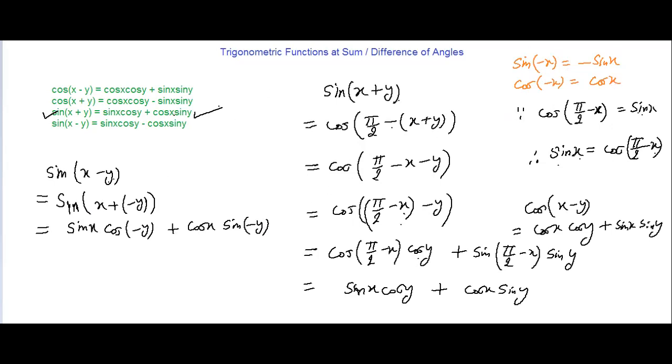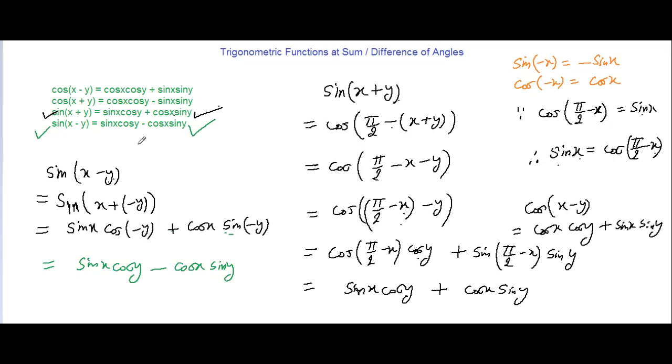So this is equal to sin x cos y, since cos of minus y is the same as cos y, but sine of minus y will give a minus sign outside, which makes this plus a minus. So minus cos x sin y. I hope this is clear. We have proven the last one on this page also.